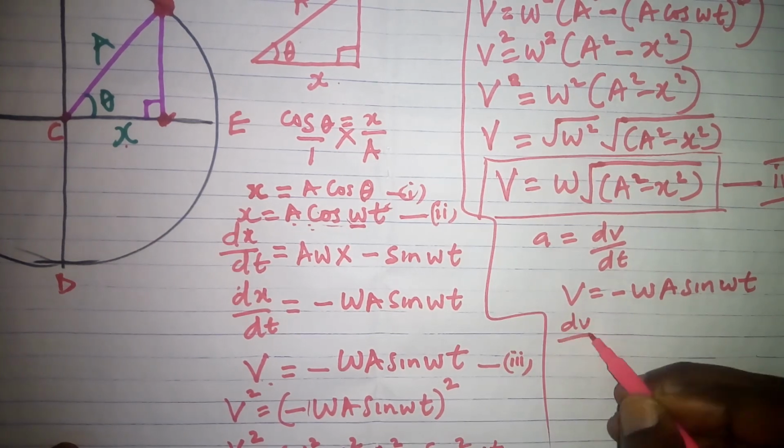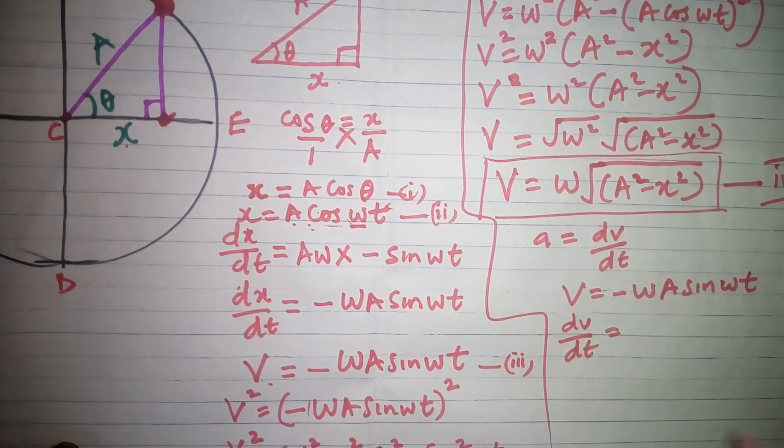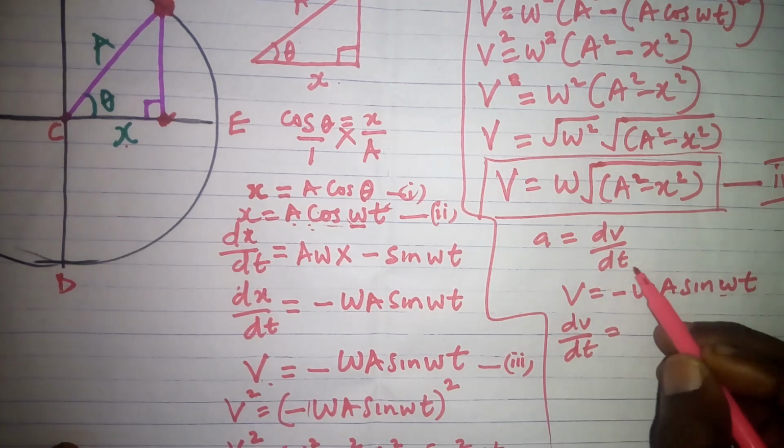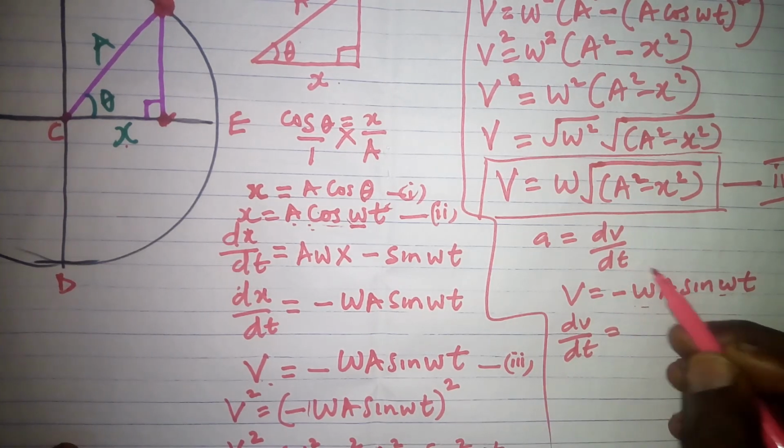So dv/dt will now be equal to, of course, how did we differentiate before? Since it's going to be with respect to t, I'm multiplying this omega with the overall coefficient of the sine omega t, which is minus omega a.